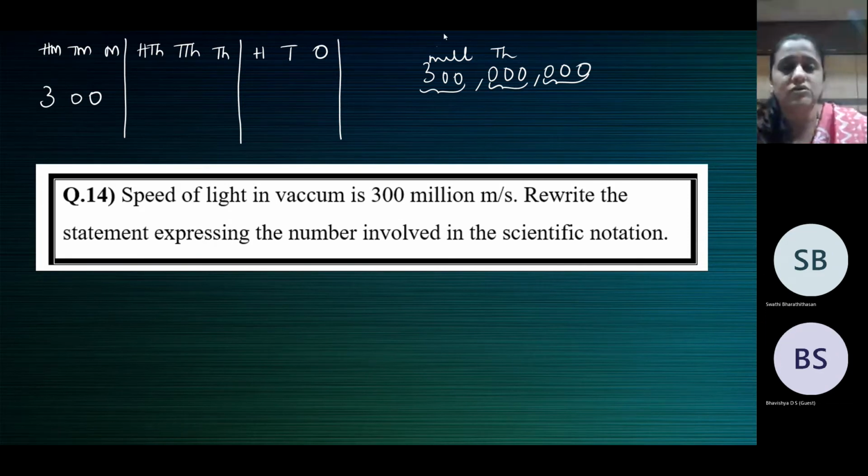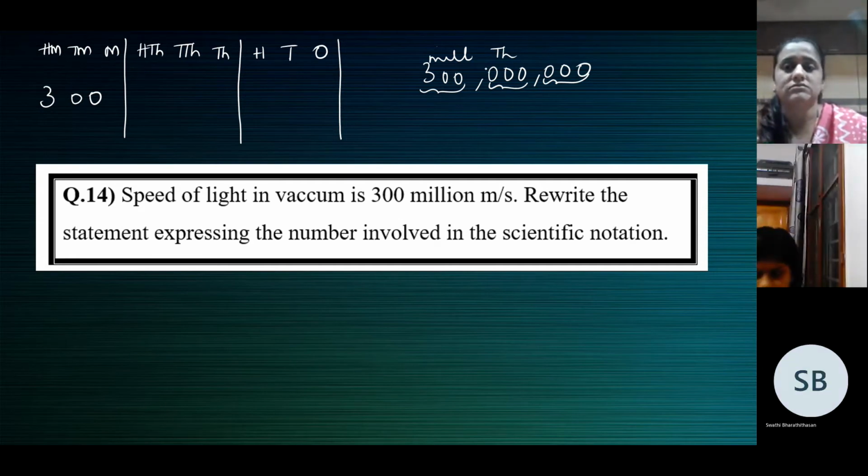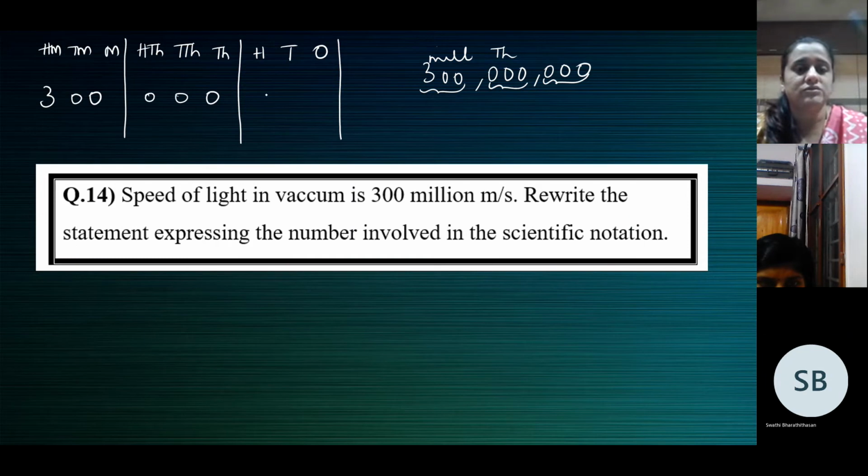Yes, children. So 300 million. Then 0, 0, 0, 0, 0, 0, 0. So this is 300 million.